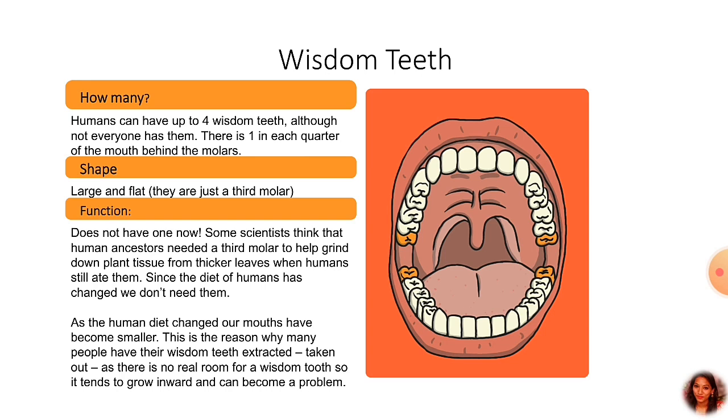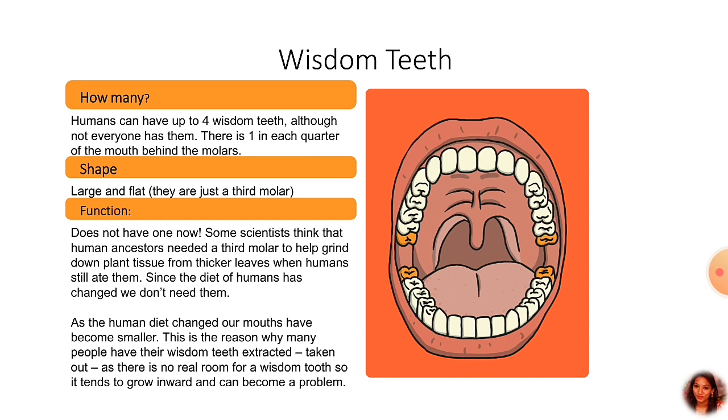About its function, we need to focus in detail, as it does not have one now, because some scientists think that human ancestors needed a third molar to help grind down plant tissues from thicker leaves when humans still ate them. Since the diet of humans has changed, we don't need them.